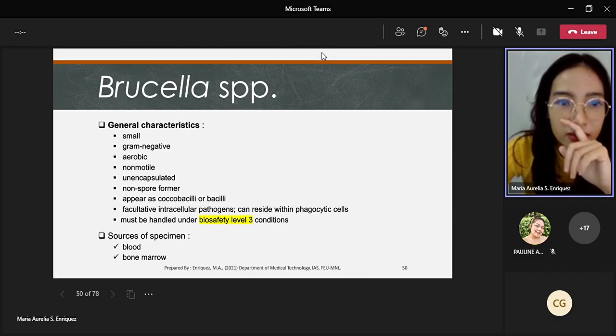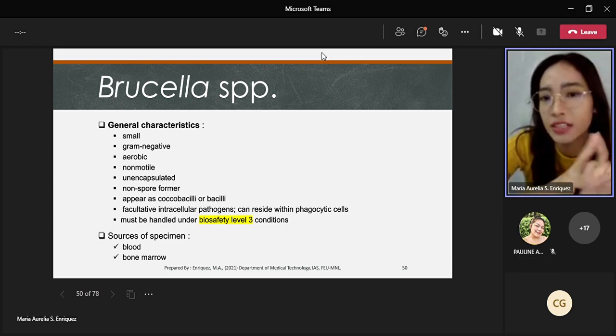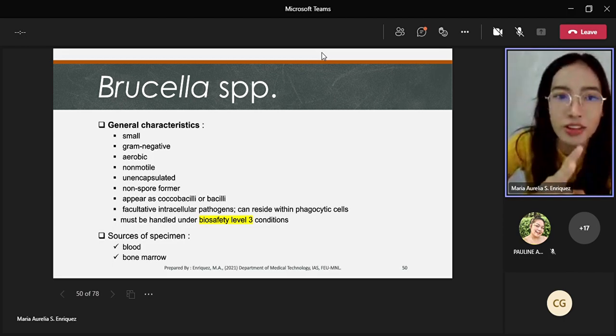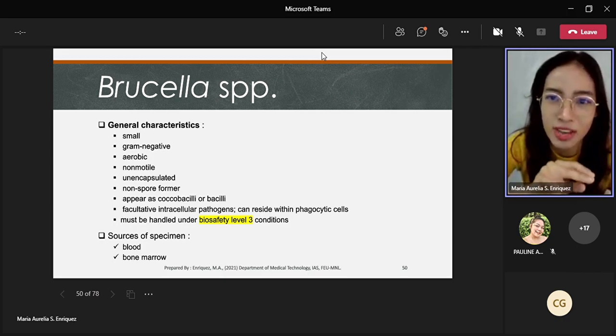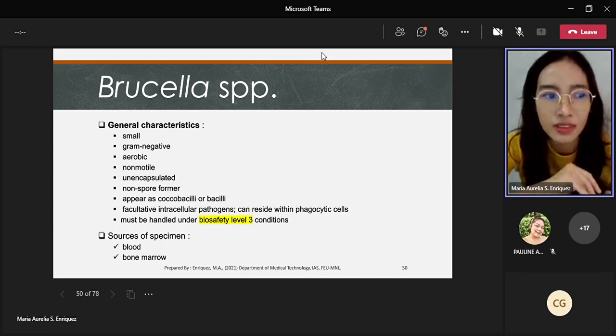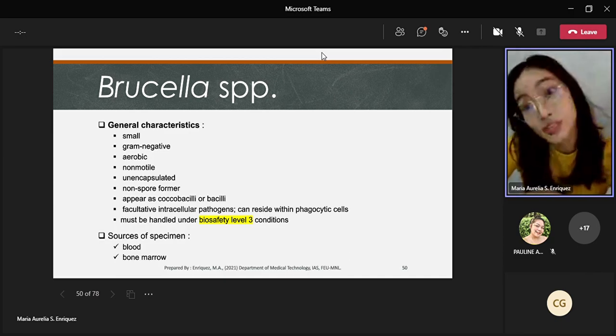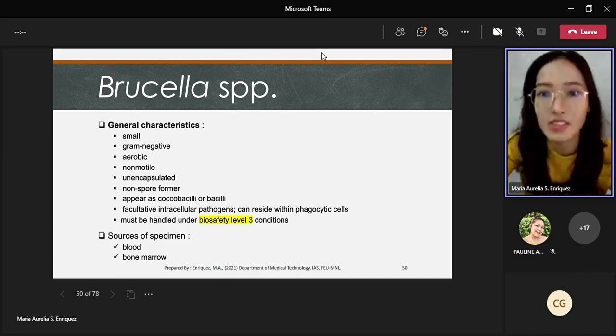All right. Now, for the general characteristics, this is the same as the previously discussed organisms. Kaya po hindi natin inuna yung general characteristics ng Brucella species kasi parang hindi siya ganun ka-unique or hindi naman ganun ka distinguishing yung general characteristics ng Brucella as compared to all the other genus or genera that we have discussed earlier.